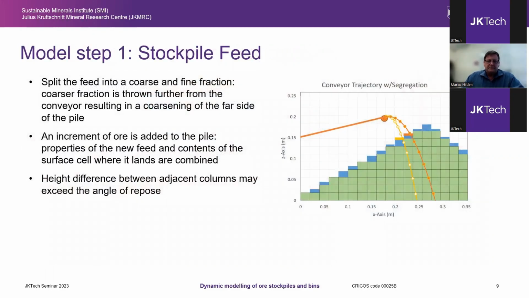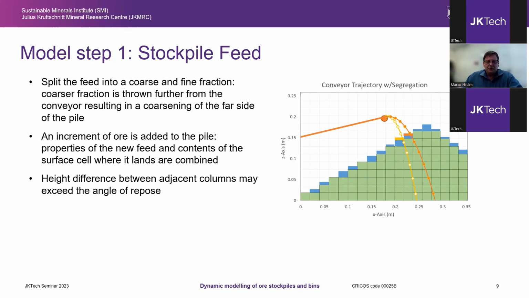So in our model, we split the feed into a coarser and finer fraction using a segregation model, which I'll discuss later. And in a given time step, the feed rate corresponds to a certain volume in the simulation. This volume is split across 2 increments that are added to the pile in adjacent columns, a coarse fraction on the far side and a fine fraction on the near side.